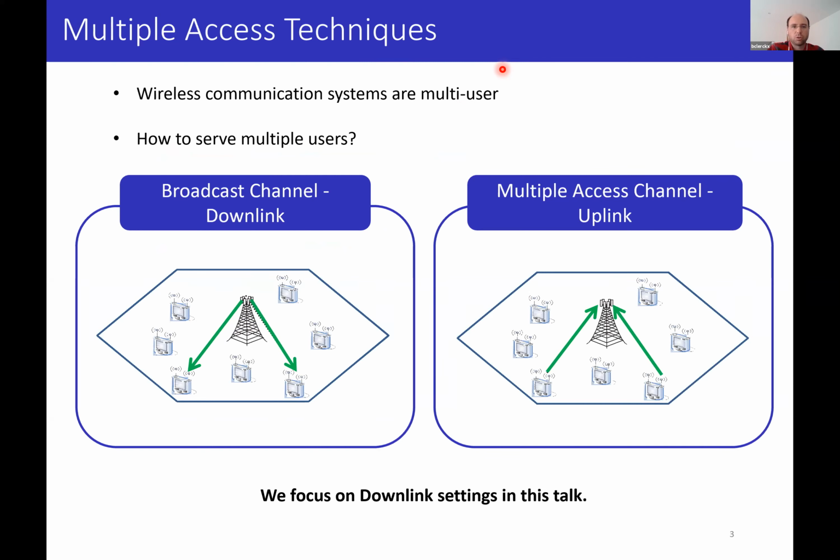So the downlink is what is called the broadcast channel in communication information theory. And the uplink is what is usually called the multiple access channel in communication theory. So in this talk, we'll focus on the downlink setting, but the techniques of rate-splitting multiple access can be used in the uplink as well.